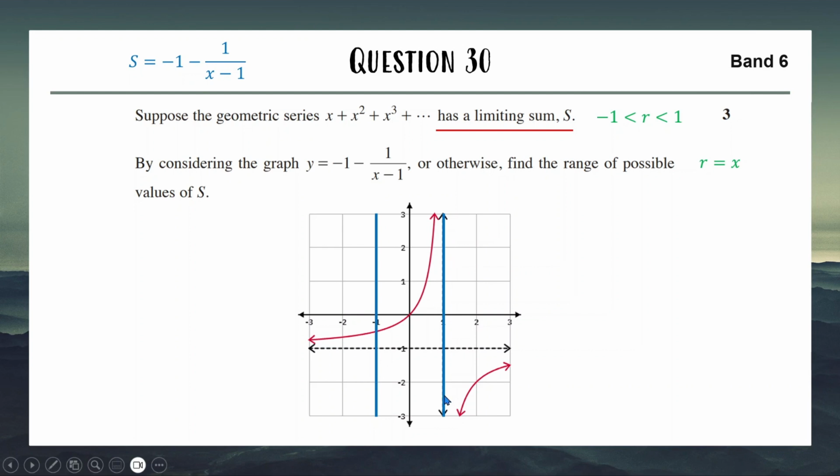In this blue section, where our multiplying factor is between negative 1 and 1, we can see our red value for s is going as low as negative 0.5, and it's going as high as infinity. So the range of values of the sum of this geometric series is between negative 0.5 and positive infinity, and that is your 3 marks answer in this Band 6 question.